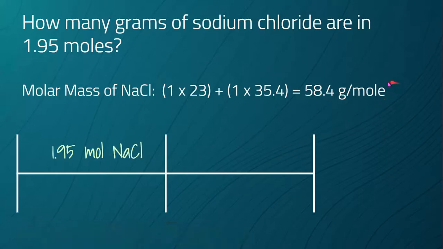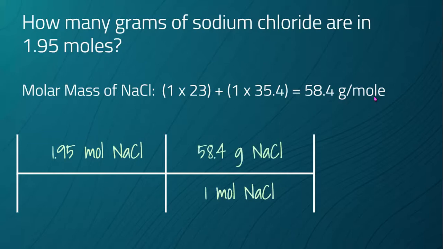This is the conversion factor we are going to be using. So I know there's 58.4 grams in 1 mole of sodium chloride, so I can put the 1 mole diagonal down and the 58.4 grams up. The moles of NaCl cancel out, leaving me with grams, which is what I wanted. So I can multiply across the top, divide across the bottom.